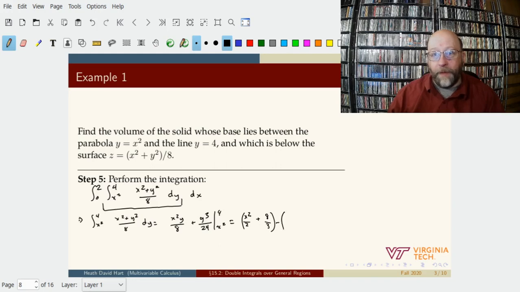Minus, now we're going to plug in x squared, so we get x to the 4th over 8. And plug in x squared here, we get x to the 6th over 24.